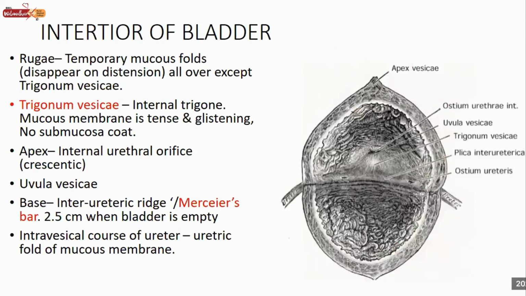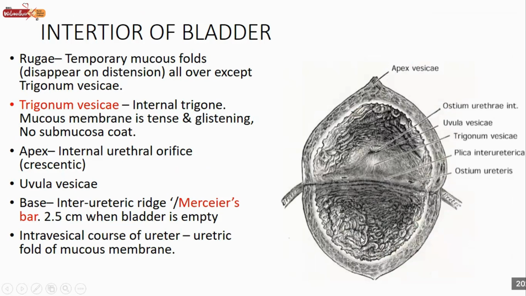Now coming to the interior of the bladder. To see the interior, we have to cut along the lateral borders of the bladder from the apex and then reflect the superior surface, as you can see in the picture. Now, when you look at the interior, you can see a lot of mucosal folds making the surface irregular.